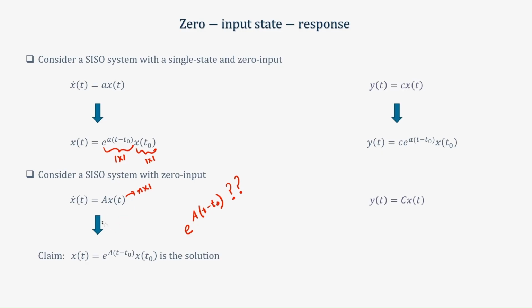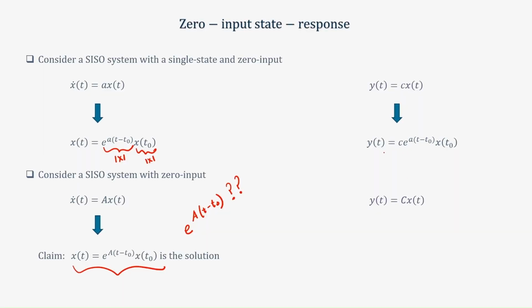Now, once I have claimed that this is the solution, I will be able to prove it, because I know what the solution is, which is why I am telling you that this is the solution. I will prove it of course, but once you know this solution, you can see that the output can directly be found because y of t will be equal to c into x of t. What is x? E to the power of A t minus t naught x of t naught.